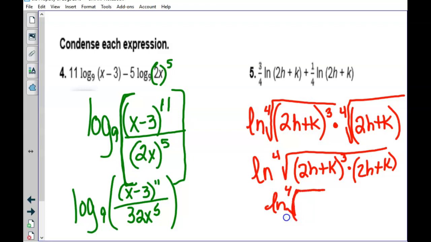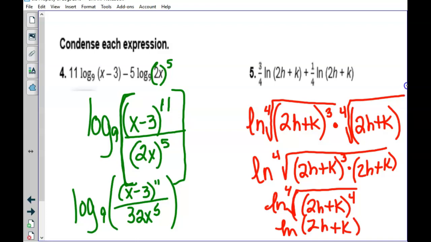Yes, let me finish what we got going on here. This is 2h plus k to the 3rd times another 2h plus k, so that's really what? 2h plus k to the 4th. So what's the 4th root of that? 2h plus k. The natural log of 2h plus k.